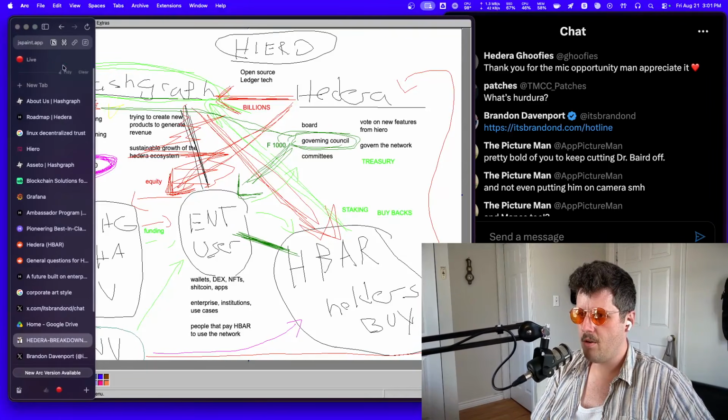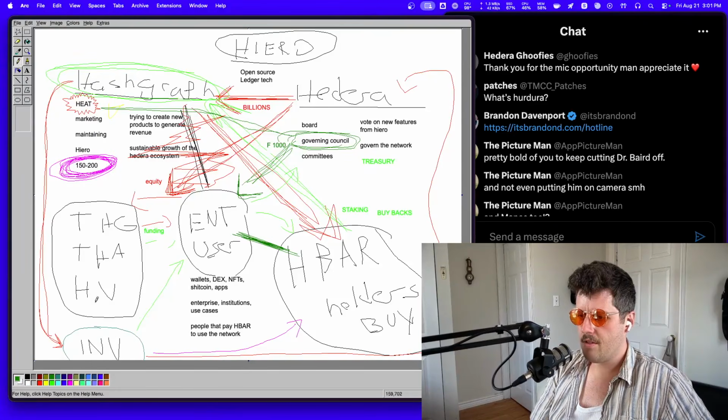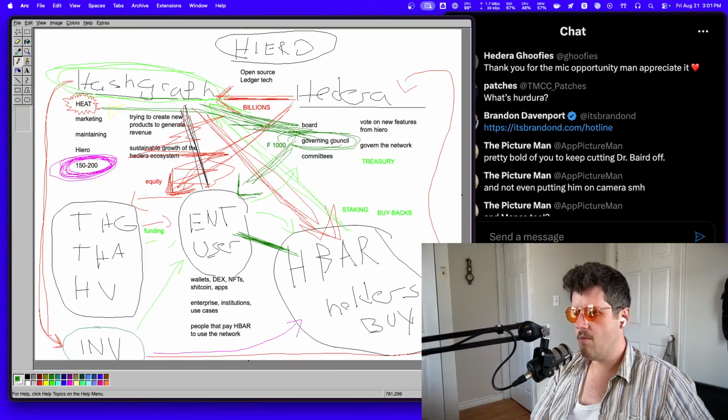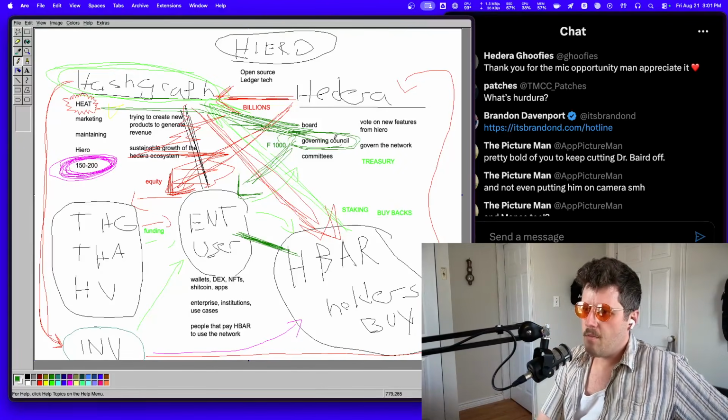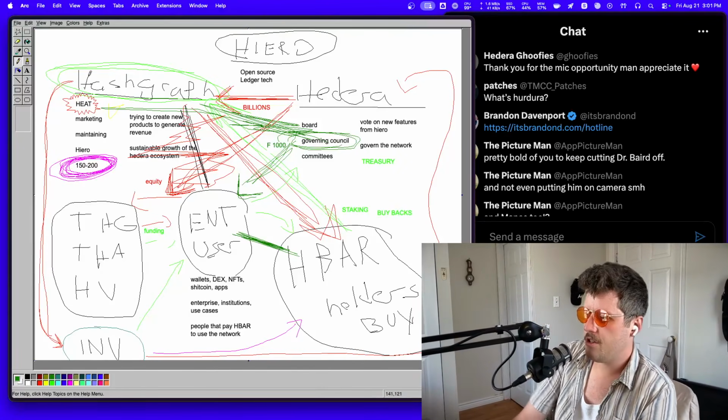We need them to poke at the governing council and say, hey, we need more staking, we need more incentives, and we want them to become more effective and more efficient.